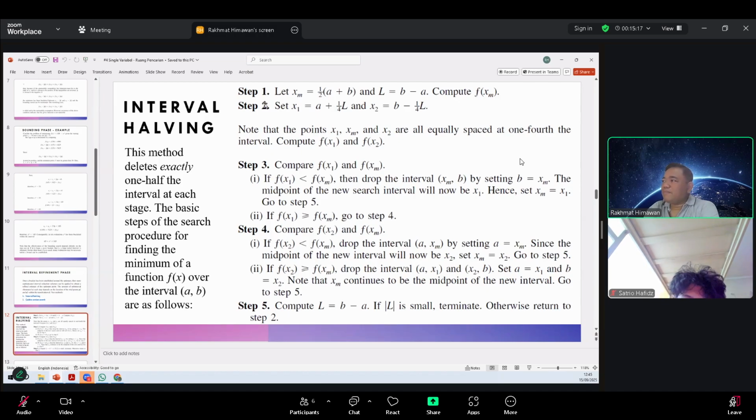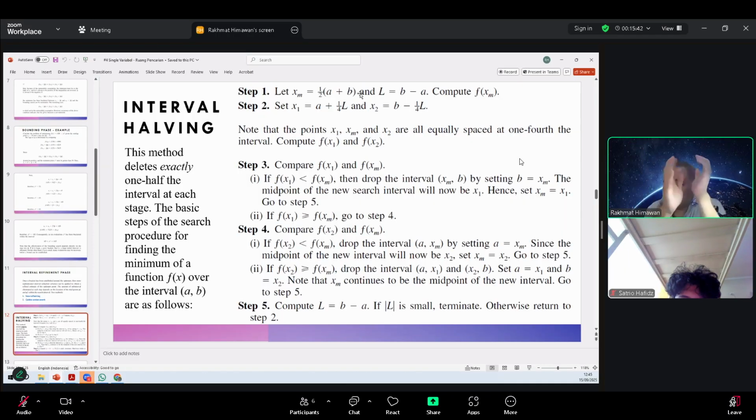So first step, let xm, where m is the middle point, be half between A and B. You have A and B, cut it in half. That exact half point is xm, and the length L is B minus A. Then compute fxm.